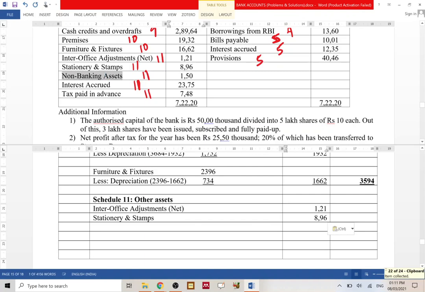Then non-banking assets, 150. Interest accrued, 2375.